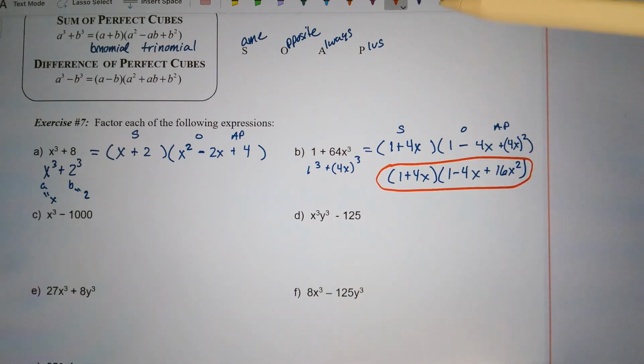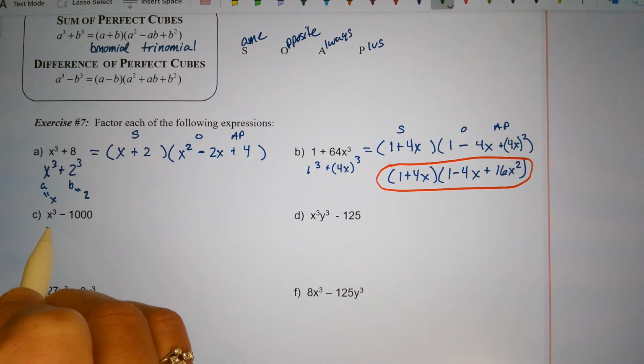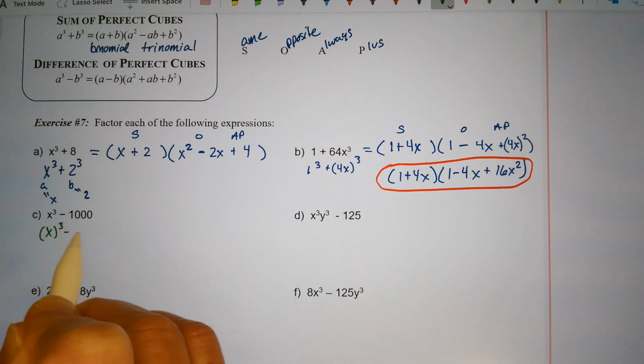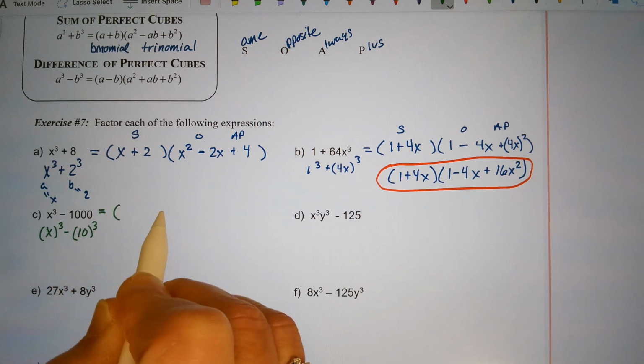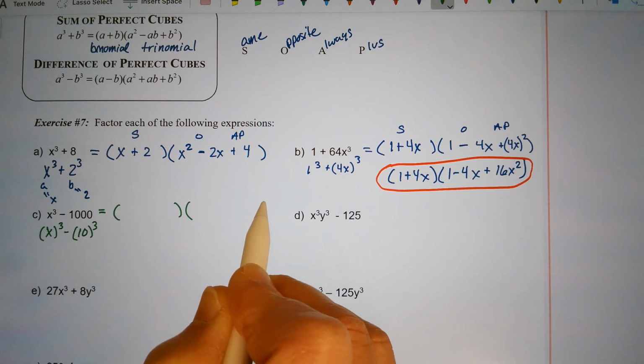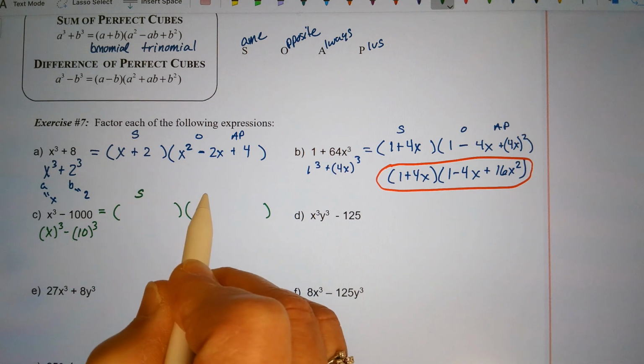For C, we have subtraction. We have the difference of perfect cubes. This is x cubed minus 1000, which is equivalent to 10 cubed. So this is going to equal the binomial times the trinomial. Do your signs.